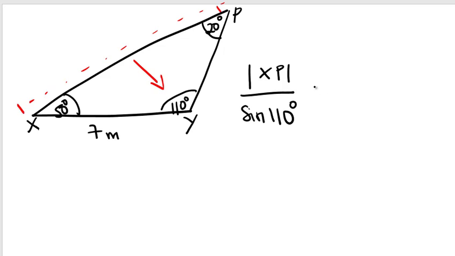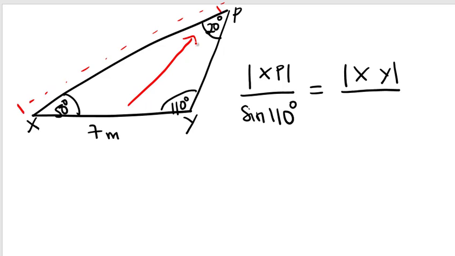And this is supposed to be equal to, once again, we take side XY over the angle that is opposite to that. If you take this as your XY, the angle opposite to that is this angle, and the angle is 20 degrees. So it is going to be sine 20 degrees.